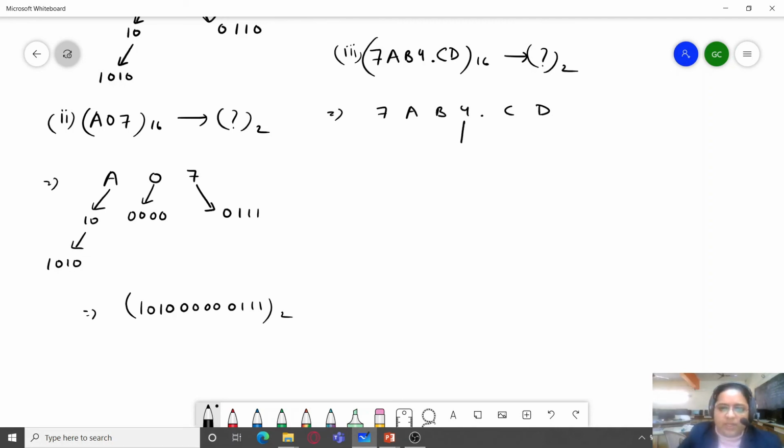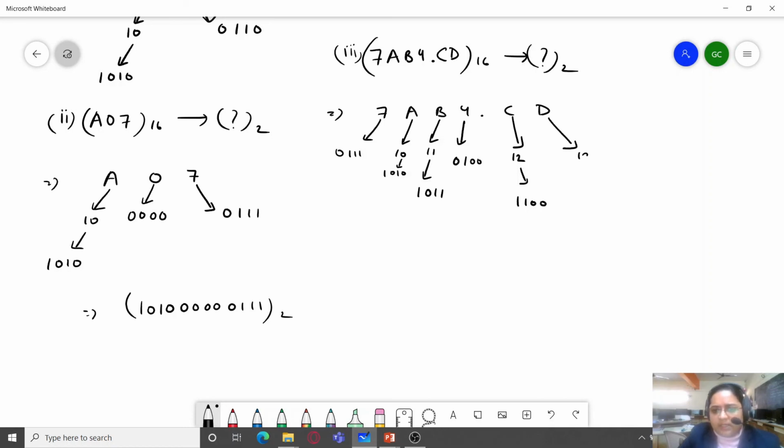So we will just be converting every digit in the form of 4 bits. B is 11. C is 12, which can be written as 1100. D is 13.